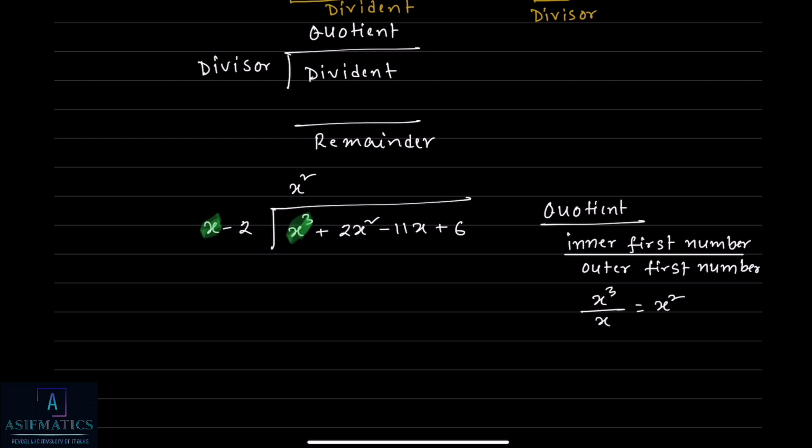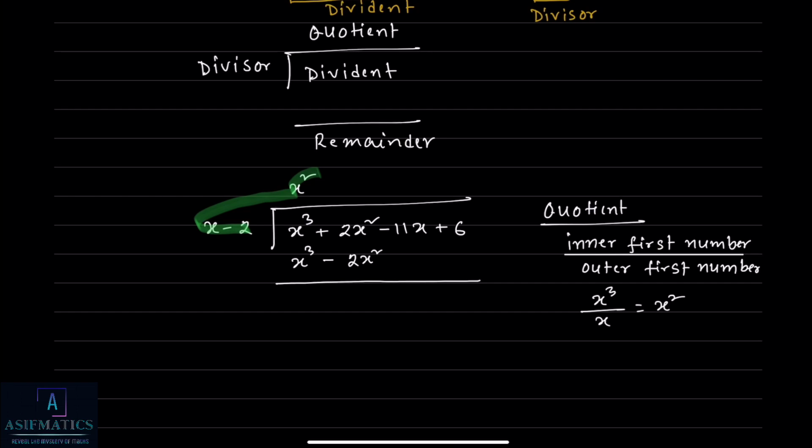In the second step, we need to multiply this quotient with the whole divisor and write it under this line. x squared times x is x cubed, x squared times minus 2 is minus 2x squared. Then you write this line here, and we need to subtract.